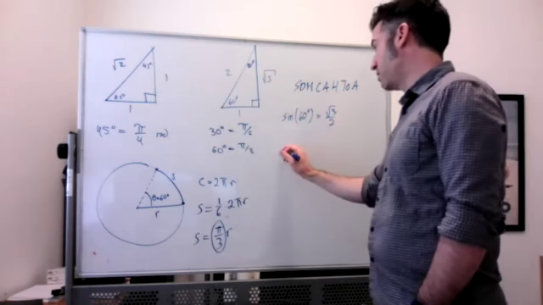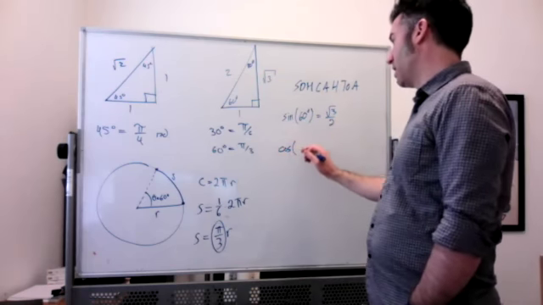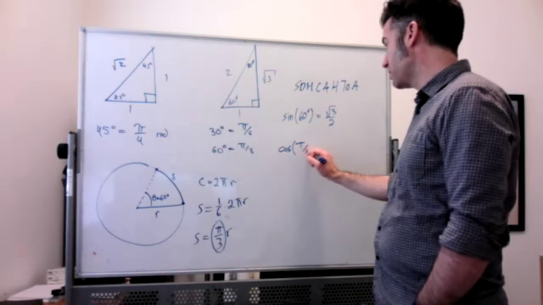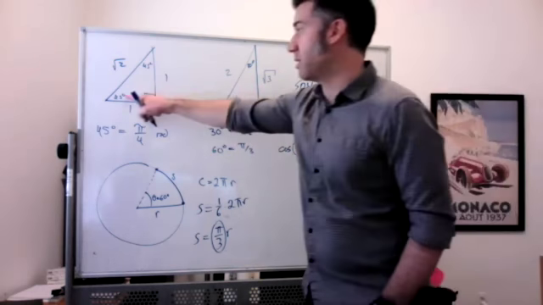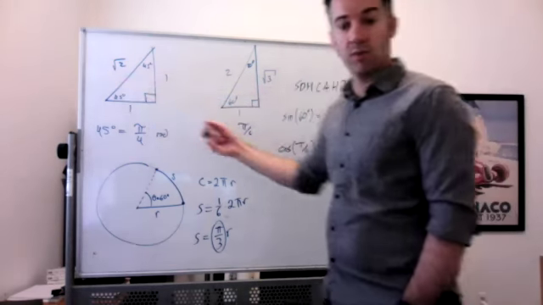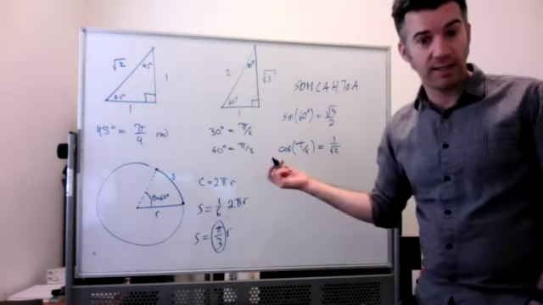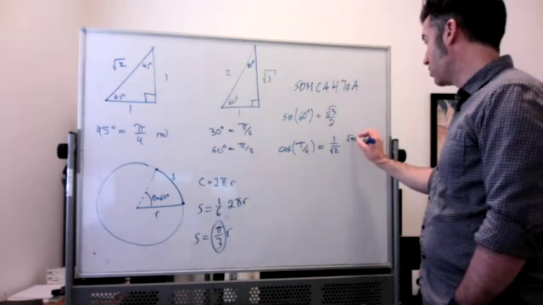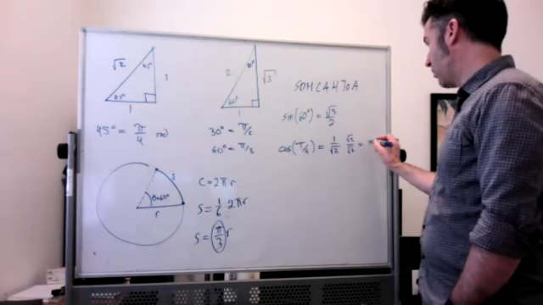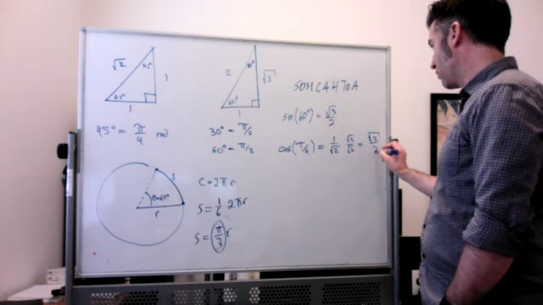If I want to find the cosine of, say, pi over 4 radians, that's going to be the adjacent over the hypotenuse, which is 1 divided by the square root of 2. We usually rationalize these, so I would multiply by root 2 over root 2 and write it as square root of 2 over 2.